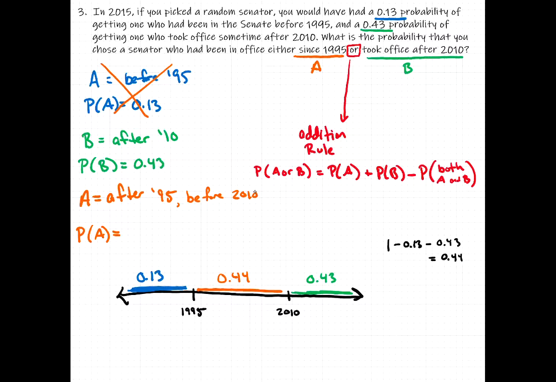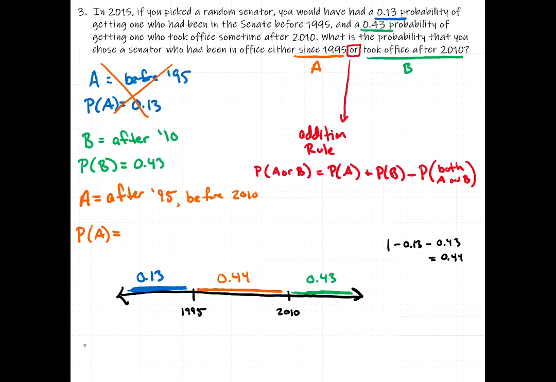Or we could say between 95 and 2010. So now the way we have this set up, these events are disjoint, mutually exclusive. All three of these cases are mutually exclusive. You either started before 95, between 95 and 2010, or after 2010.